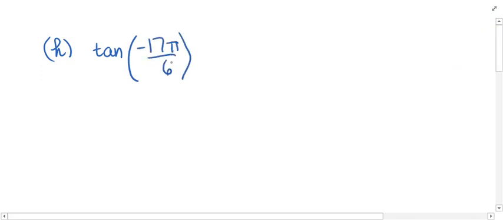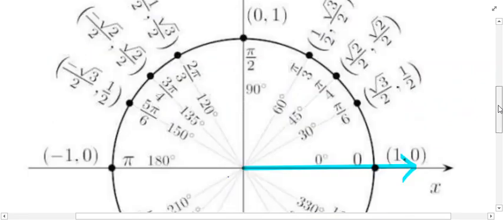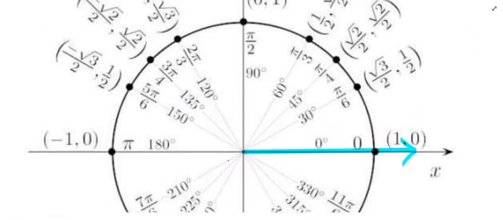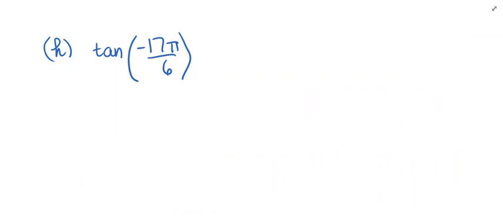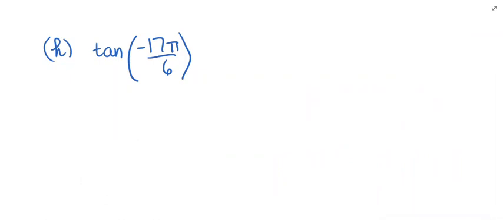Looking at the unit circle, you again do not see negative 17 pi over 6 on the unit circle. There are no negative angles. So we've got to figure out which angle this is coterminal with. Since this is negative, to get an angle on the unit circle, we're going to add revolutions.